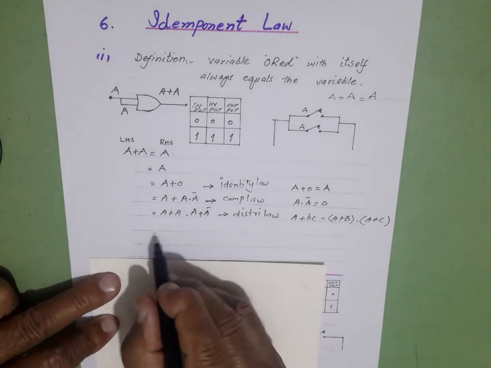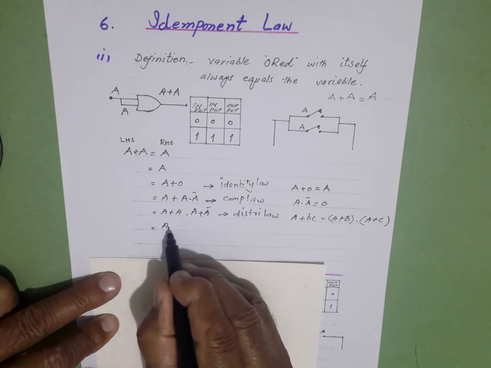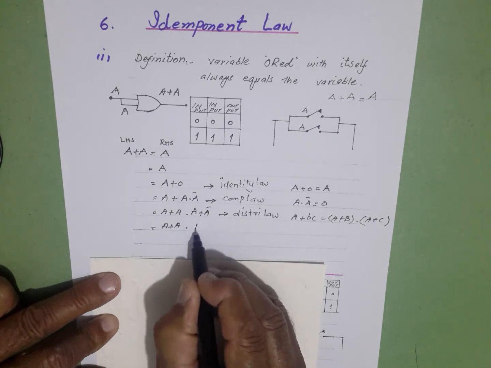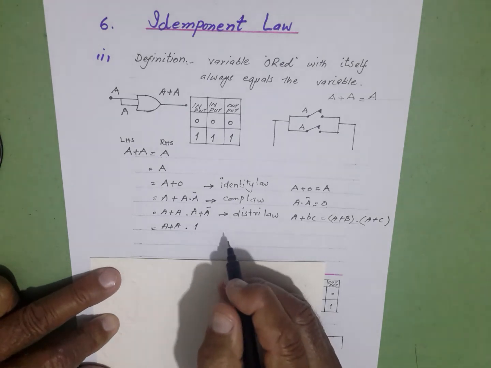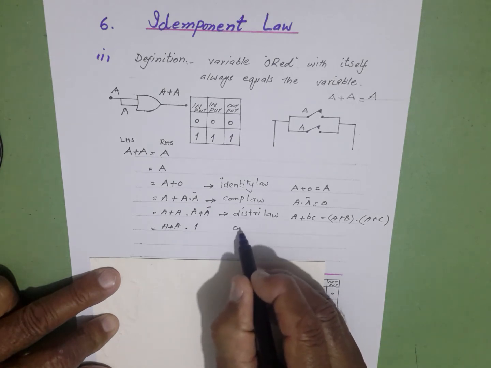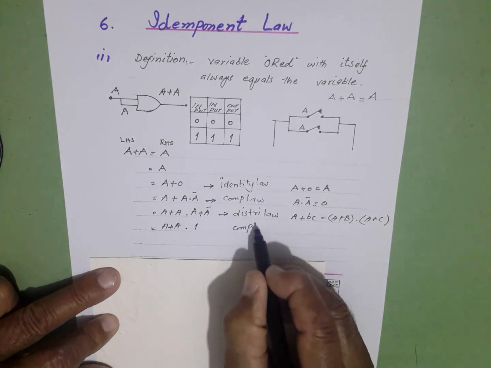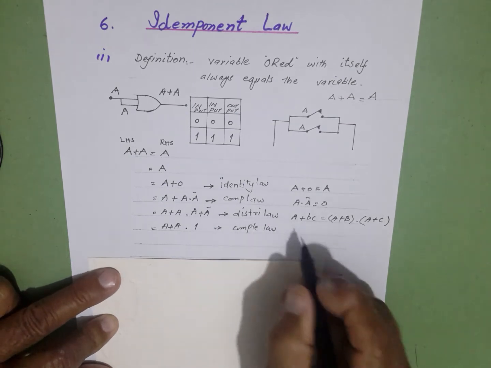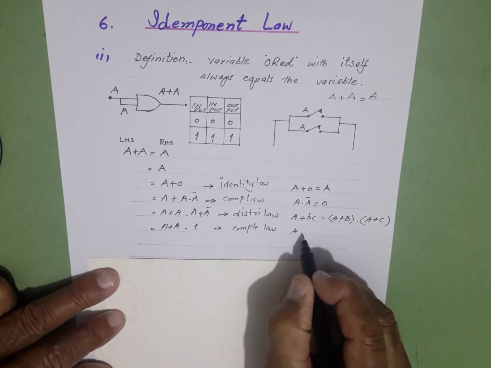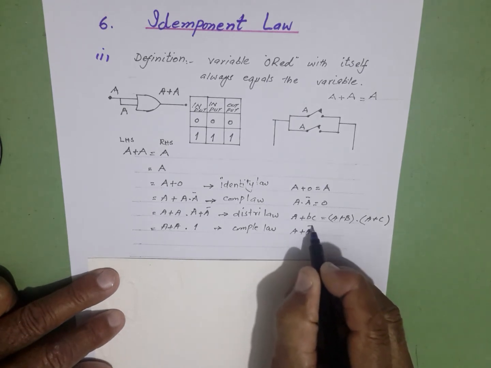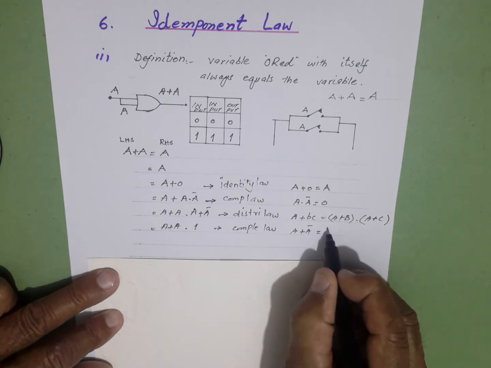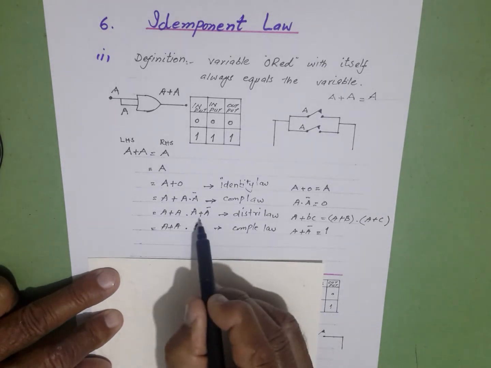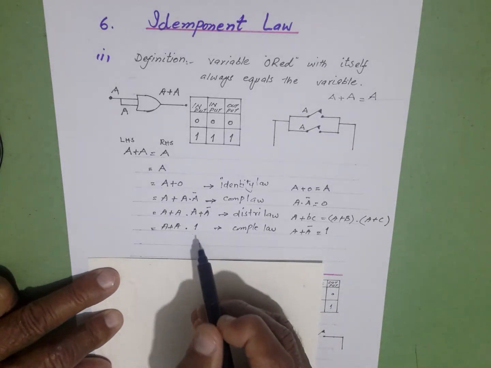This can be further written as A plus A into 1. What is this? This is complement law. Complement law says A plus A bar is 1, so in place of this we can write 1, and we have written 1.